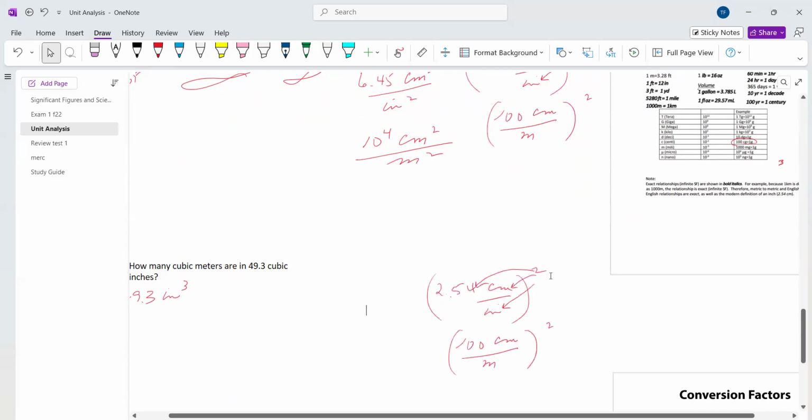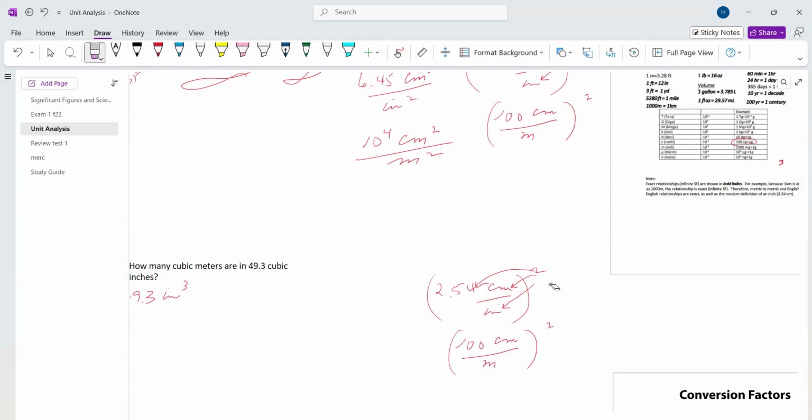Only instead of squaring it, we're going to cube it.